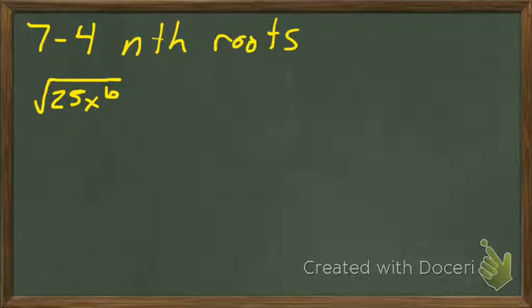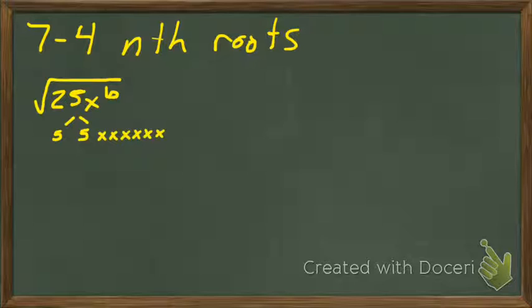First of all, we're going to simplify the square root of 25x to the 6th. To simplify a square root, what we do is we make a tree, a factorization of the term on the inside. 25 is 5 times 5, which is the end of that tree. And the x to the 6th is 6 x's, I'll write them out.